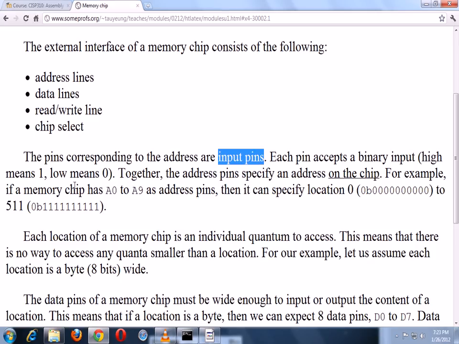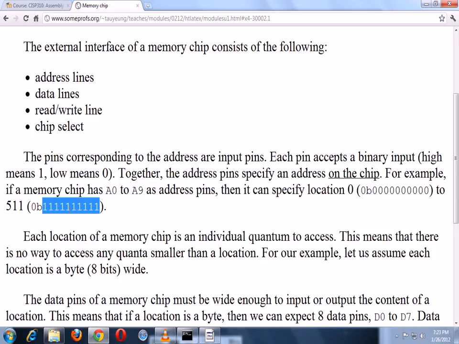So, for instance, if a memory chip has A0 to A9 as the address pins, then it can specify location 0, which means all 10 pins are zeros, to location 511 in decimal, because you can have basically all of these pins turned into ones.